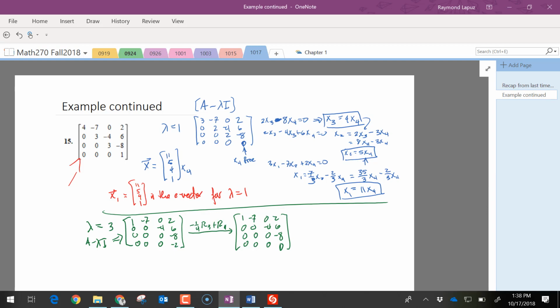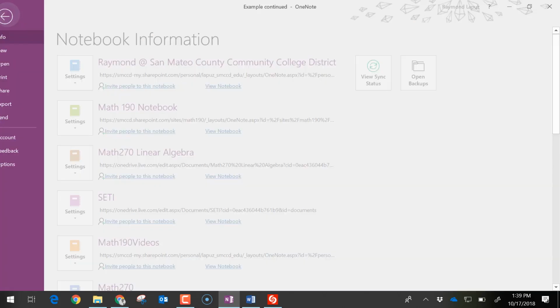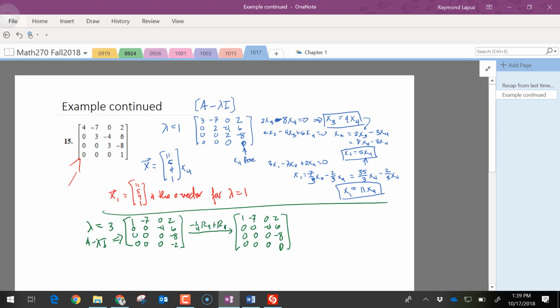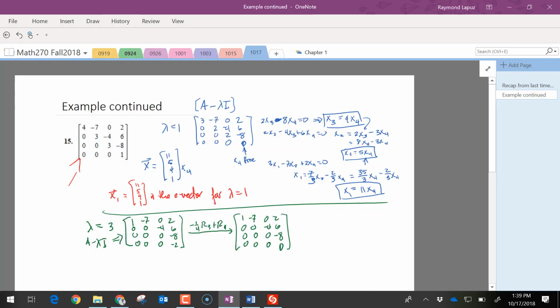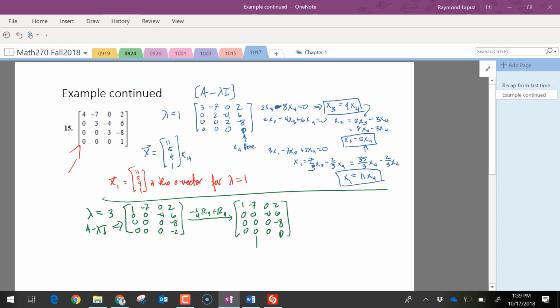Do we have any free variables? X2? Is that the only free variable we have? Well, if we start solving for it, I think that'll help us clear it up a little bit.